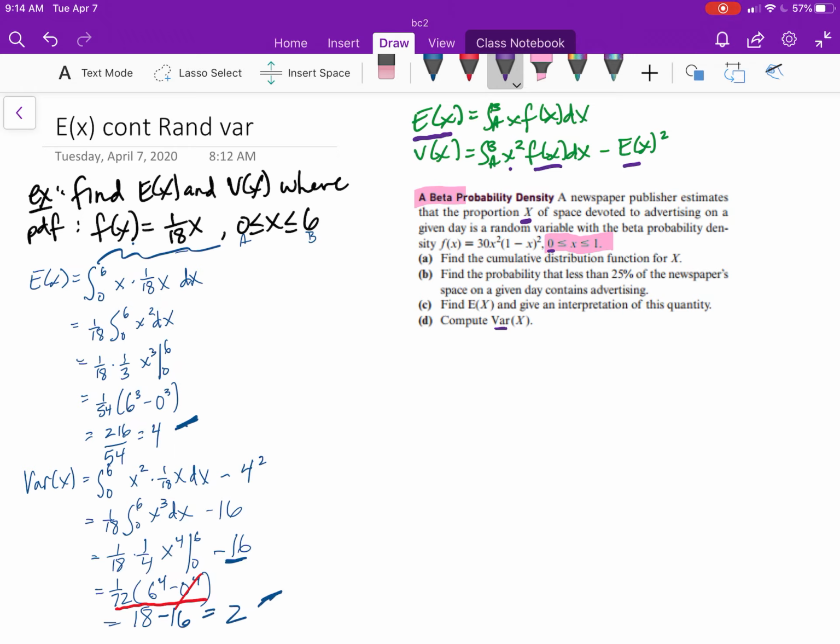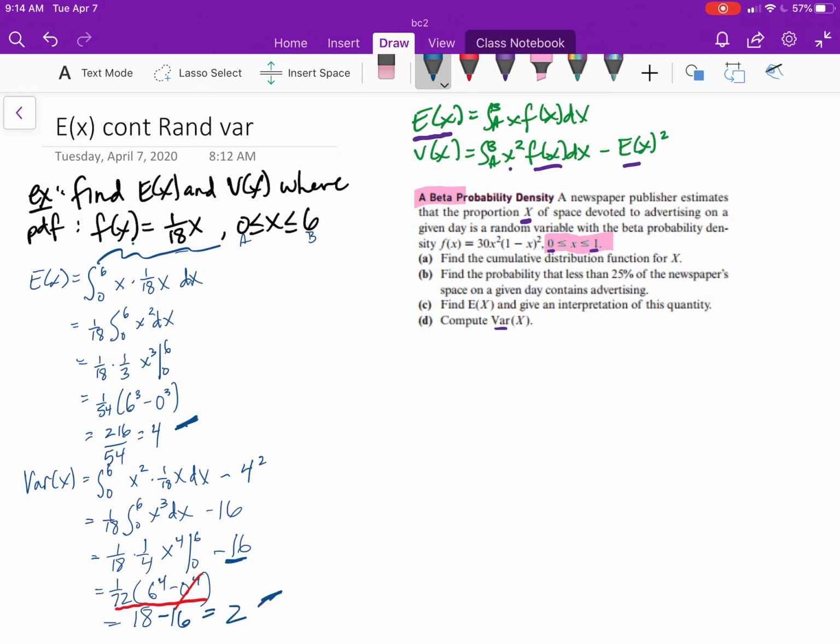It could range from 0, don't leave any space for advertising, to the full page, 100% advertising. And again, the 0 to 1, we call that a beta probability density function.